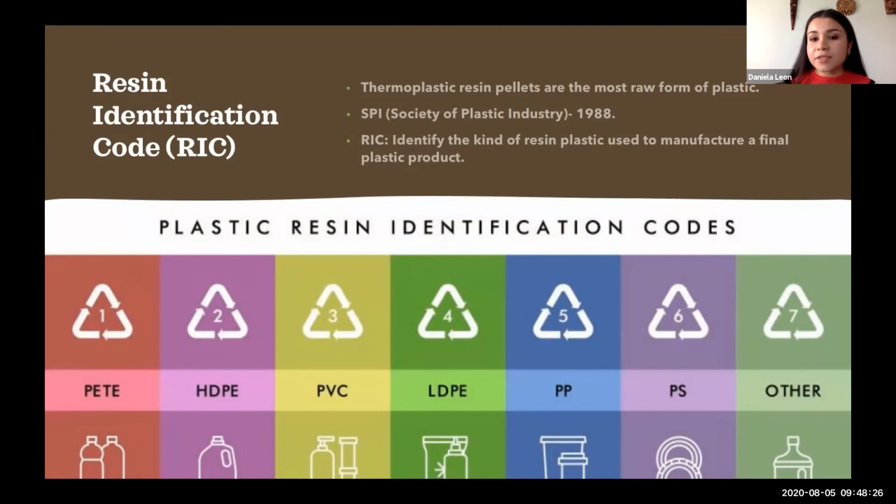Due to its high production, in 1988 the Society of Plastic Industry developed this resin identification code with the aim to create a system that could be applied to all recycling programs. However, it has been mostly used to identify the kind of resin plastic that has been used to manufacture a final product.